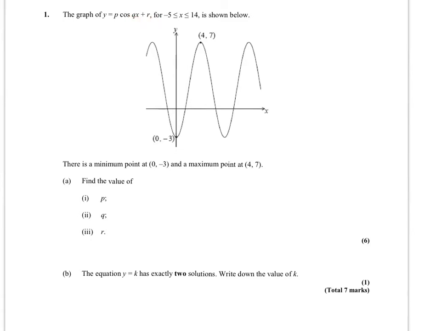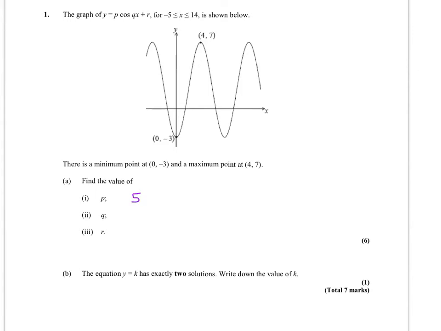So the easiest two to find are generally P and R. So P is our amplitude, so that's half the total distance from the top to the bottom. If the bottom is at -3 and the top is at 7, the total distance there is 10. And so your amplitude is half of that, so that's 5.